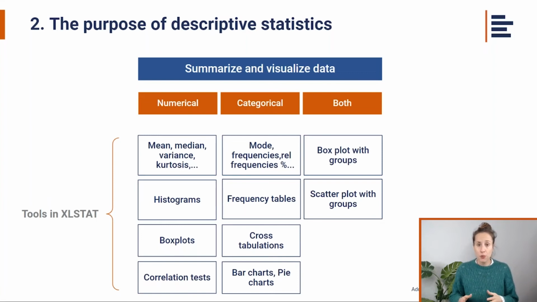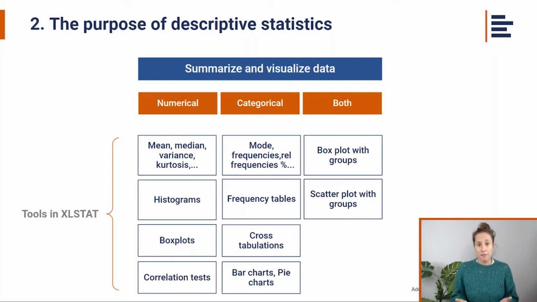If you want to describe categorical variables, then you should opt for descriptive statistics like mode and relative frequencies. You can generate frequency tables, crosstabs, and visualize the qualitative variable using bar charts, pie charts, stacked bar charts.